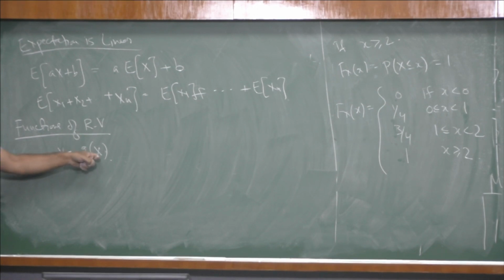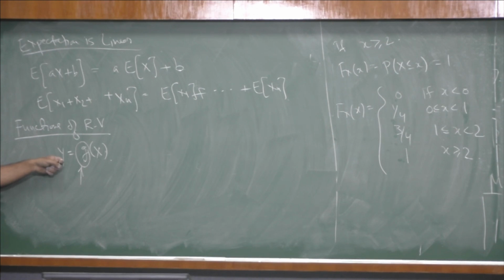Given a distribution, I want to get some interesting distribution, and I need to know what model will produce this. We are trying to understand how transformation happens: if I'm given the PDF of X, how do I know the distribution of Y?